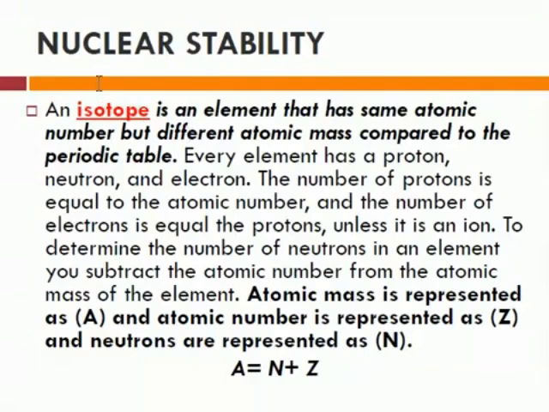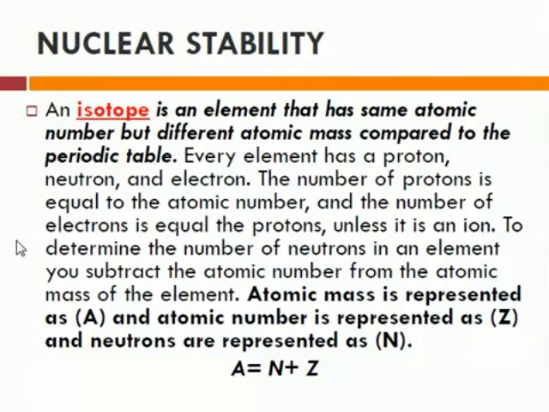Okay, so again, an isotope is an element that has the same atomic number. The atomic number of an element cannot be changed, so it is constant, but the atomic mass can vary. That is what we call an isotope. Every element has protons, neutrons, and electrons. The number of protons is equal to the atomic number, and the number of electrons is equal to the protons unless it is an ion.